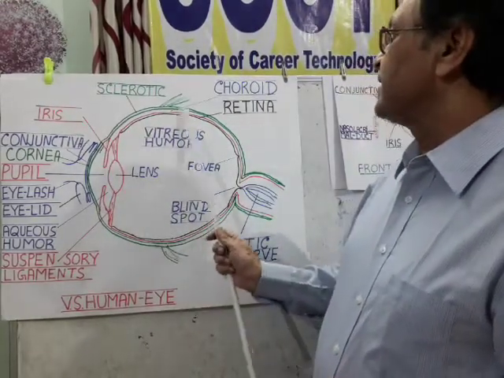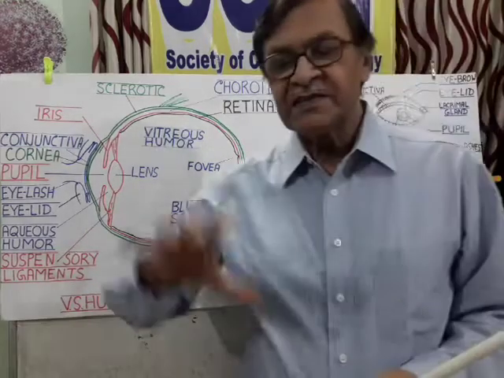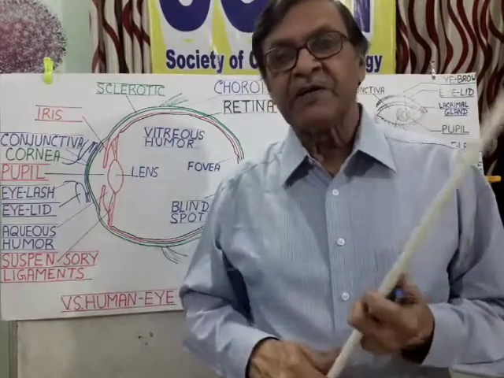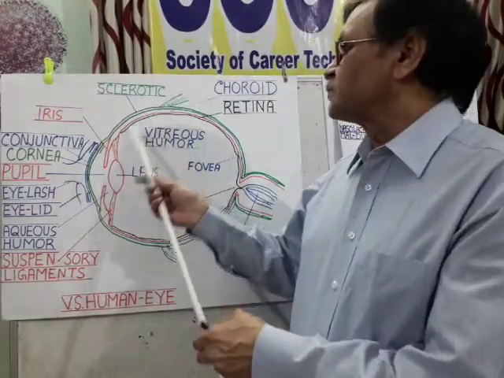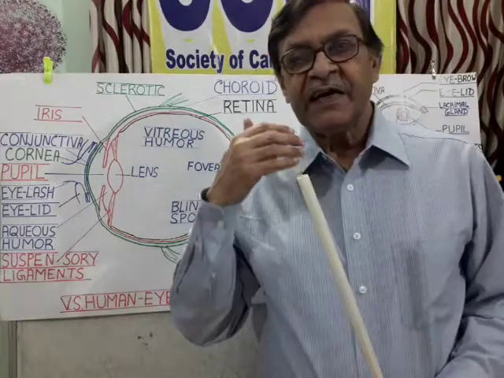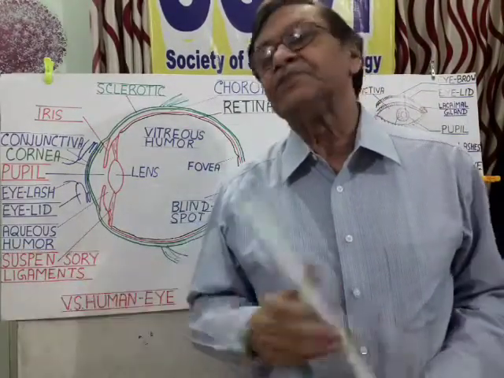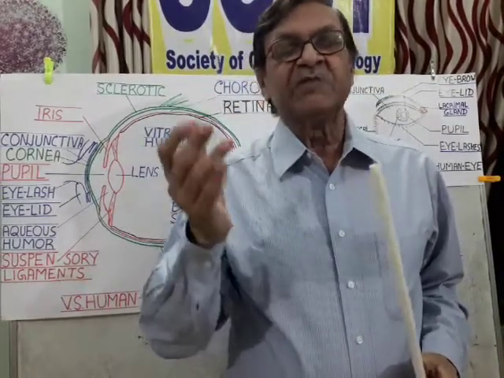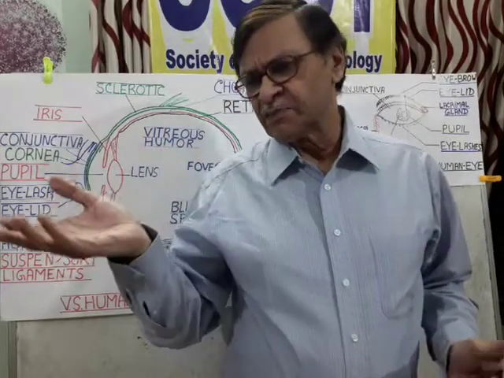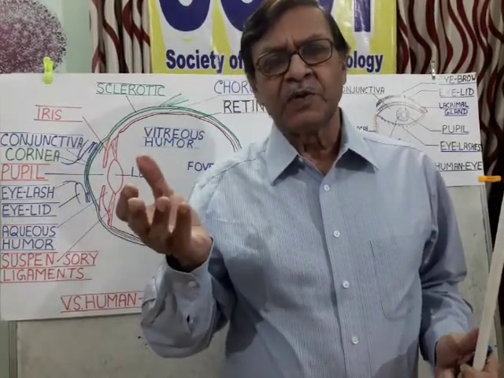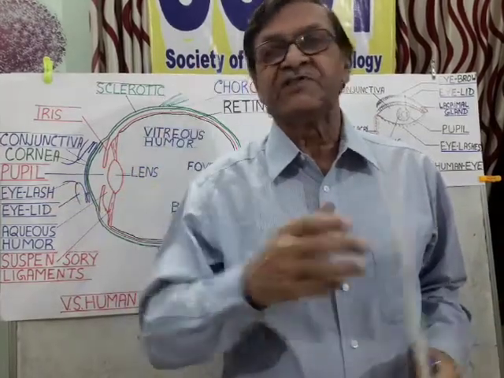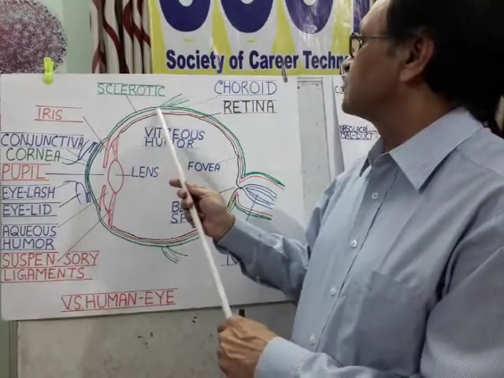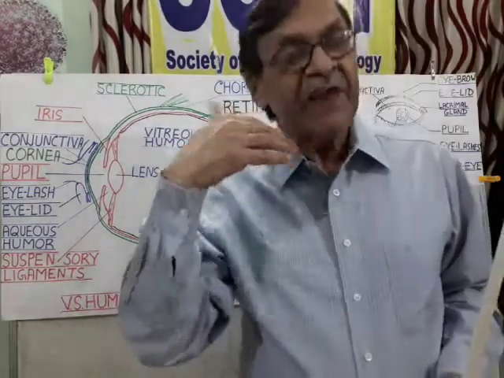Then the second layer is choroid. Choroid is like a dark layer having melanin pigment. It absorbs the light rays and it avoids its scattering. But in case of some carnivorous nocturnal animals, lion, tiger, and some cows, ox, etc., you might have seen that in nocturnal animals, their eyes have this choroid layer which is reflecting in nature.